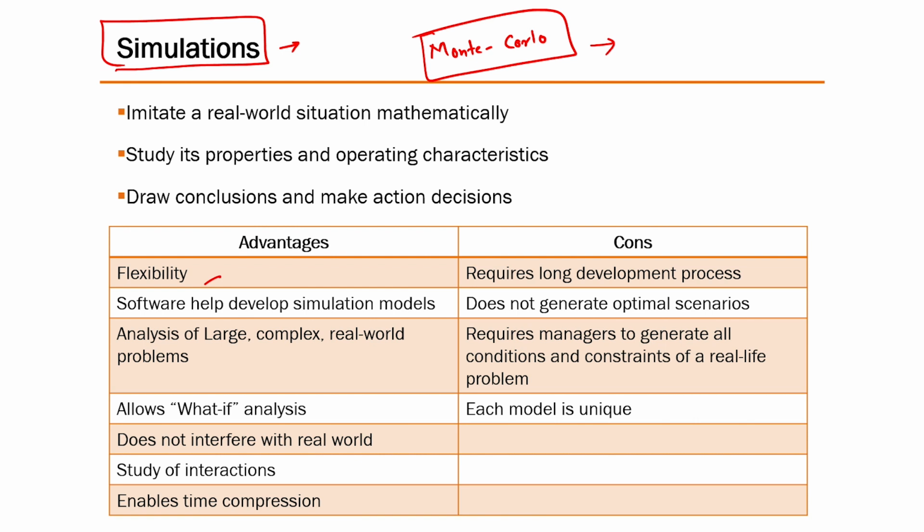Once you have created mathematical equations to represent a phenomenon, then you can play with the numbers to see how under different hypothetical conditions it will behave, and that helps you to make decision making more efficient, right? And again, very large complex real world problems you can apply it. Simulations are extremely powerful, and at the same time, whatever you do in the simulation does not have to be in the real world. You can make hypothetical assumptions and just play with the game, and then see how it will work, so that you're better prepared to deal with the real world.